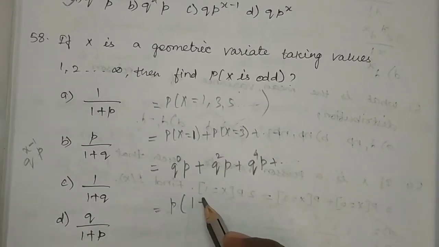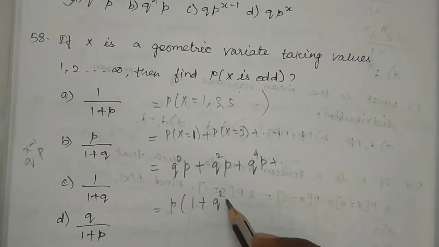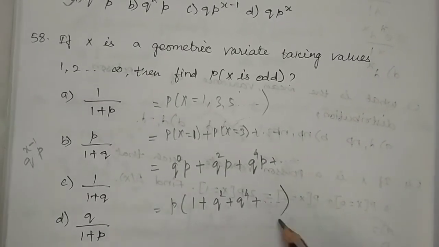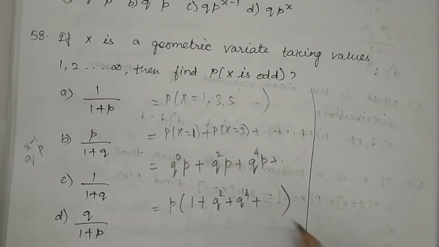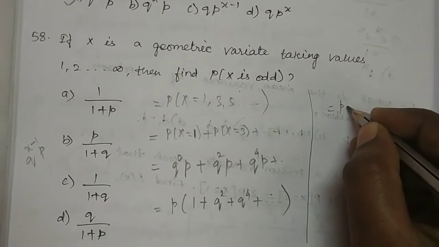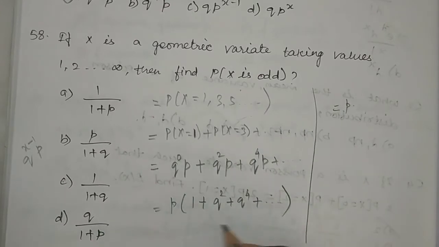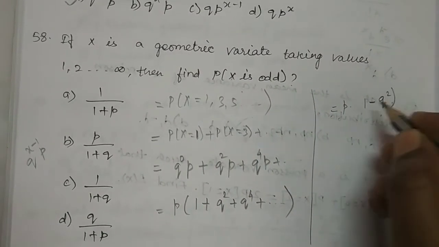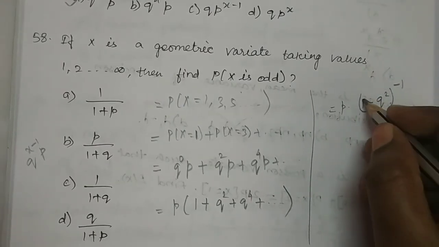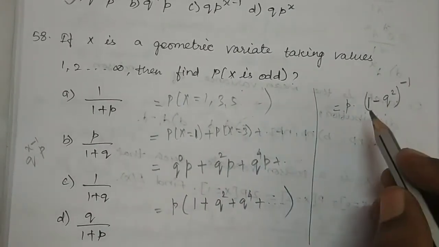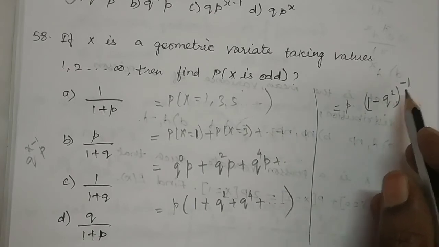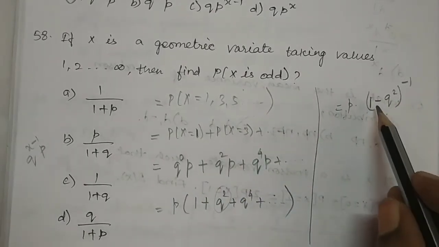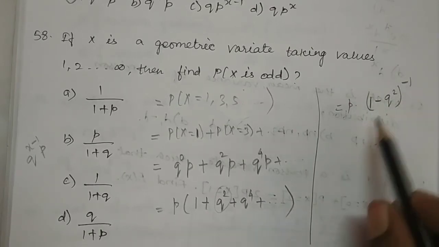So first term will be 1 plus q square plus q power 4 plus etc. Then this is equal to p into 1 minus q square the whole power minus 1. Here we are applying the formula 1 minus x power minus 1. In the place of x we are having q square. So I am writing as 1 minus q square power minus 1.